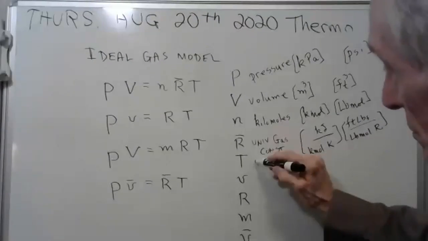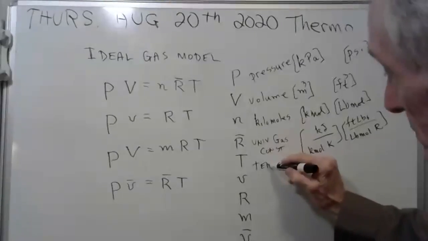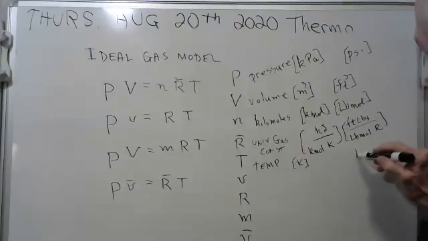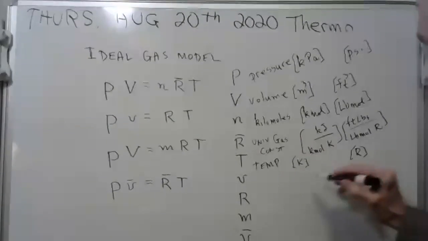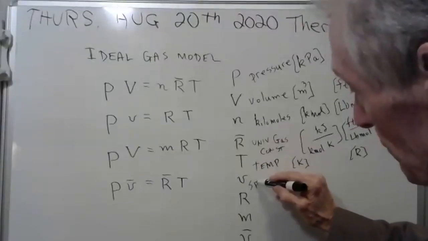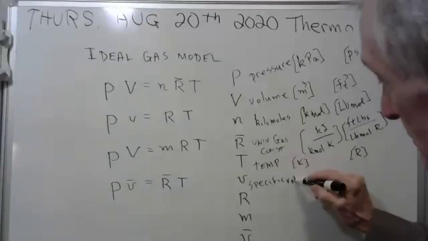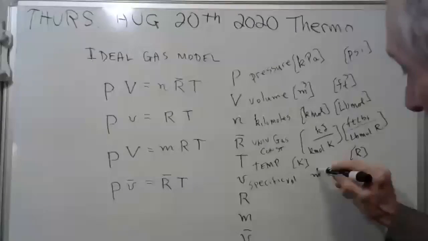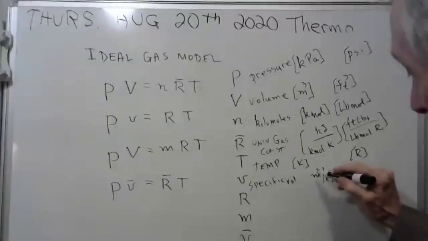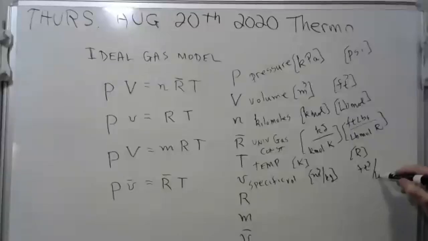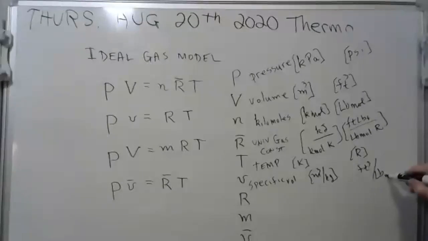This is your temperature. It's in Kelvin or Rankine. This is called specific volume. It's in cubic meters per kilogram or cubic feet per pound mass.